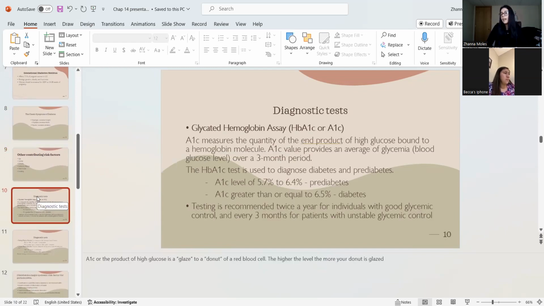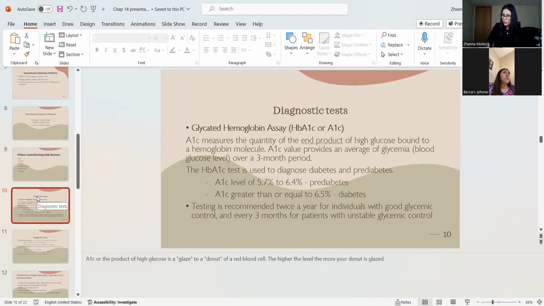There are several diagnostic tests that we can perform to be able to see if the patient has diabetes or not. The first one is the glycated hemoglobin assay, or HbA1c or A1c. A1c measures the quantity of the end product of high glucose bound to a hemoglobin molecule.